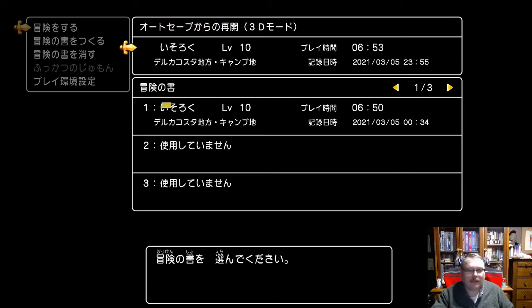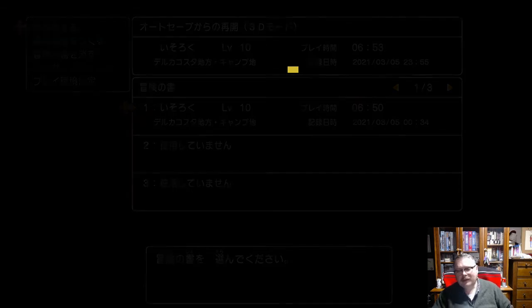And then down here we have Boken no sho. So the adventurer's log. And let's go ahead and start at the adventurer's log because I might have ruined my game between the 650 and 653. Let's see what happens.